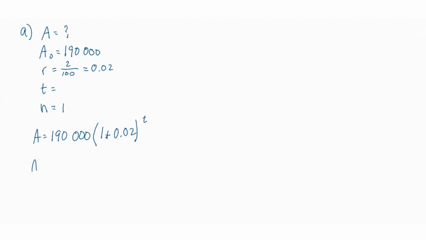And it's over 1 again. You don't need to write that, but 190,000 times 1.02 to the T. And B is when T equals 5. So go ahead and try that.